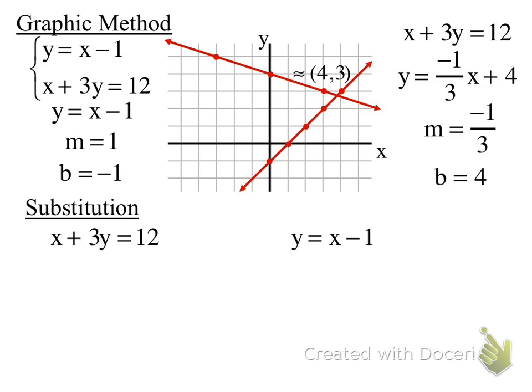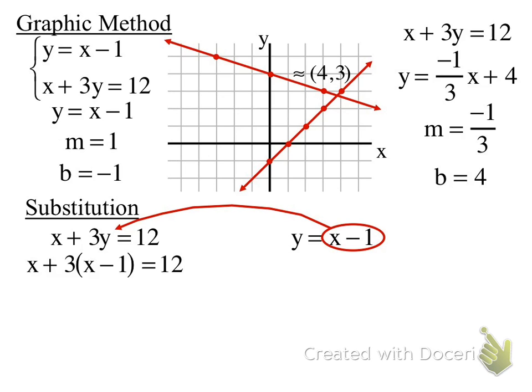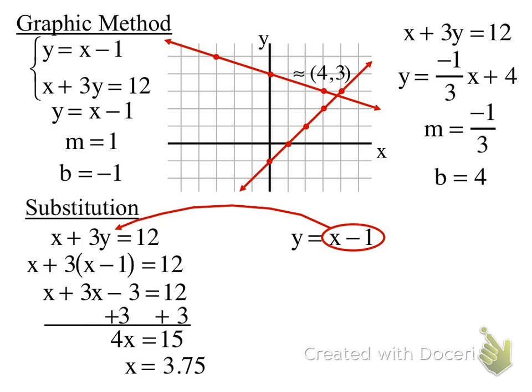It says it's about equal to 4, 3, but it's not exactly. I can get much more accurate when I substitute in. I get a decimal or a fraction. Remember, decimals and fractions are the same. Then I substitute in.